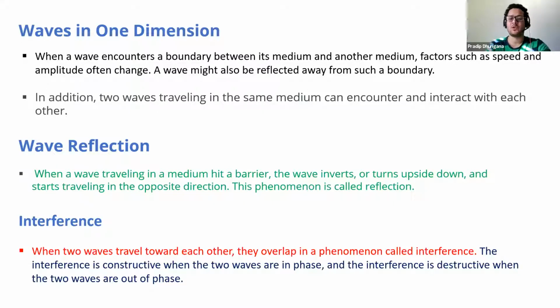Now let's define wave reflection. Whenever a wave travels in a medium and hits a barrier, so we are talking about the same medium, the wave inverts or turns upside down and starts traveling in the opposite direction. That kind of phenomenon is called reflection.